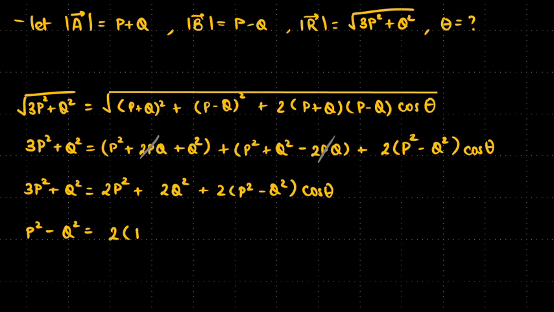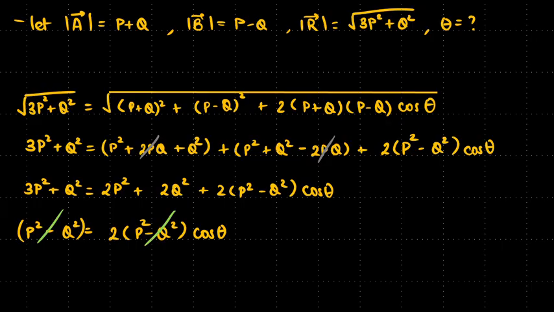Here there will be, I'm sorry, 2 bracket P squared minus Q squared cos theta. As you can see, there is P squared minus Q squared here, and also here, and these two will cancel each other out when we divide both sides by this.